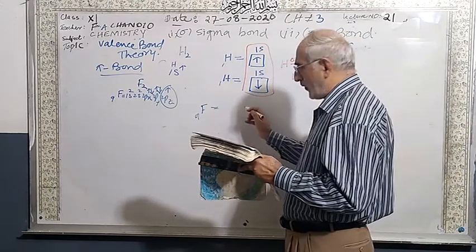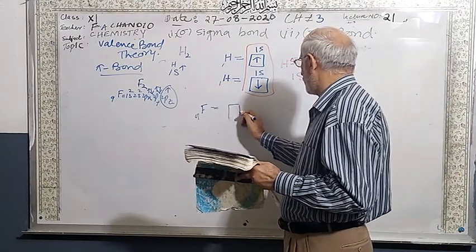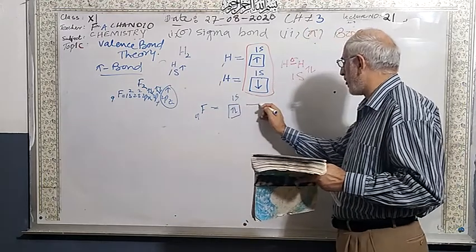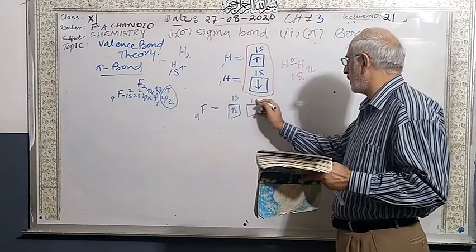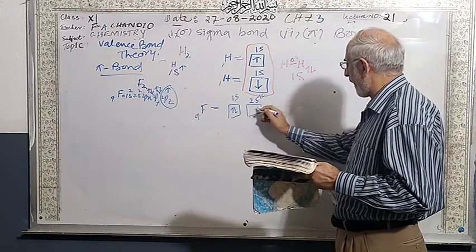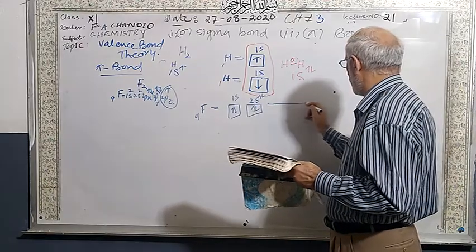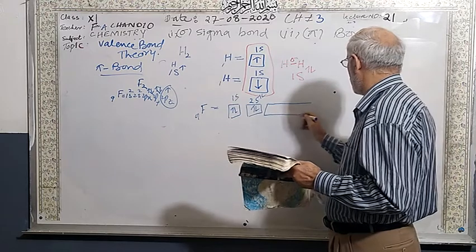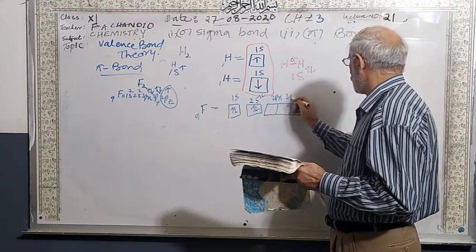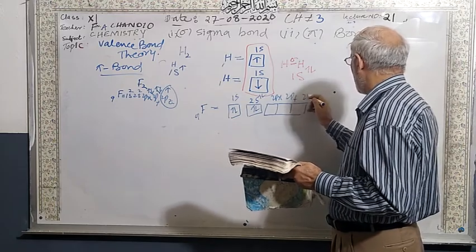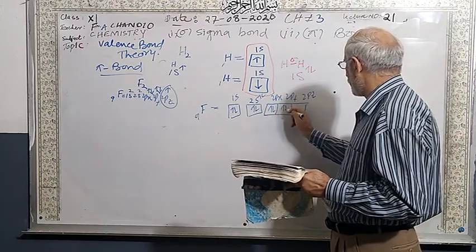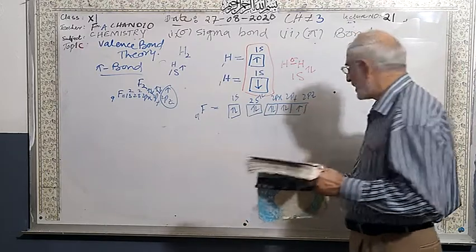So I told you the electronic configuration: 1s2, 2s2, 2px, 2py and 2pz. So 2px2, 2py2, and there is one electron in the 2pz.